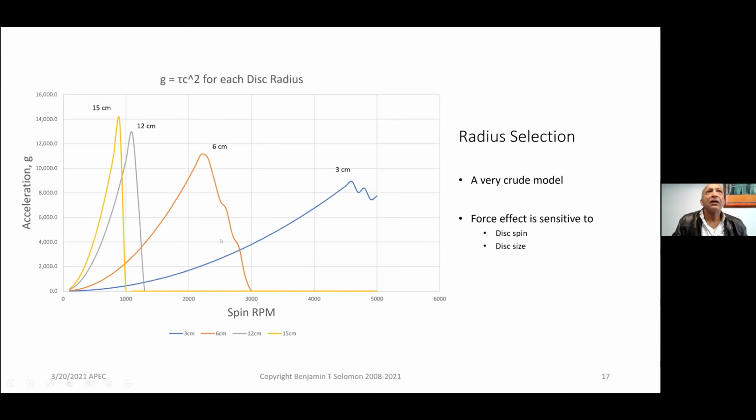Second result is that I changed the disk size: 15 centimeters in diameter, 12, 6, 3. And you can see that as you change the disk size, the peak requires more RPMs to reach before it dissipates.